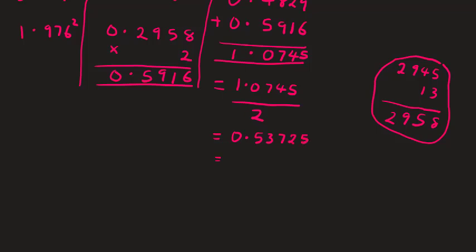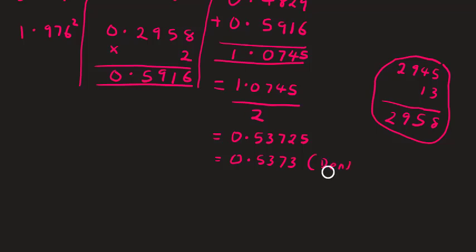You have to round this up to 4 decimal places. That will be 1, 2, 3, 4. 5 can be rounded up to 1. Add it to this, you have a 3. So we have it as 0.5373. So this is the result for denominator.